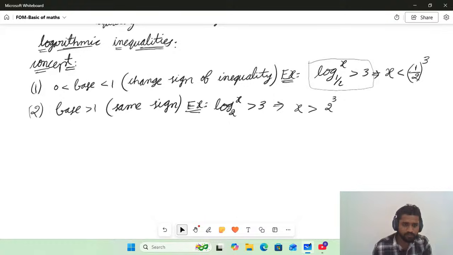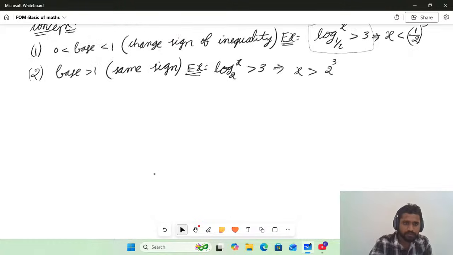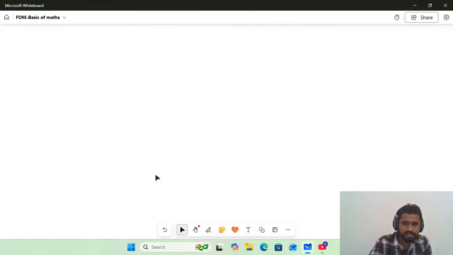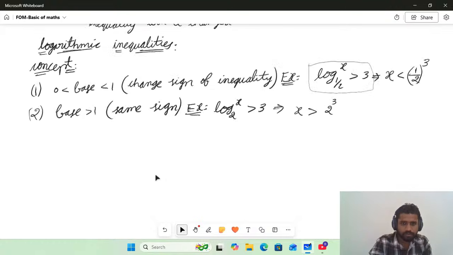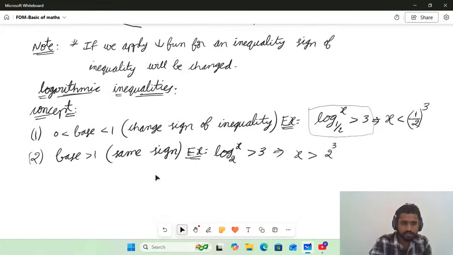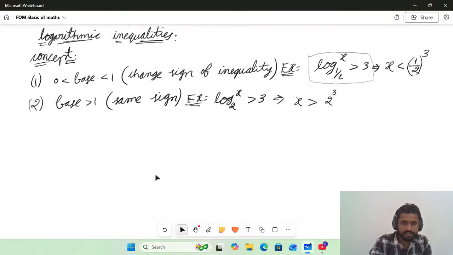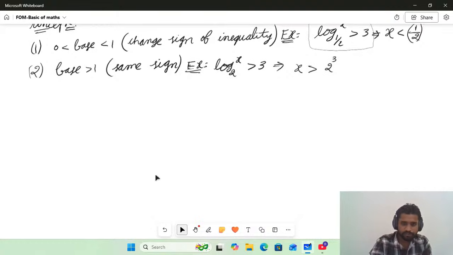Consider one example: 4 is less than 8. Every one of us knows that 4 is less than 8, agreed?